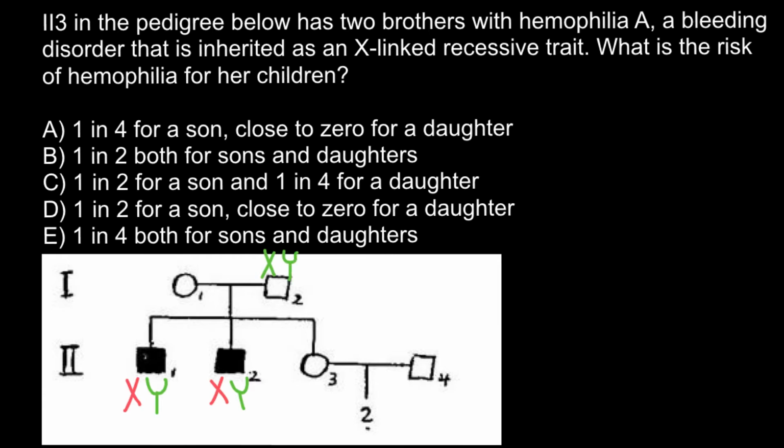But the mother has to be heterozygous, so she has to have one defective X chromosome and one normal X chromosome, because this is a recessive genetic disorder, an X-linked recessive trait. One normal dominant allele would be enough for this female to have a normal phenotype, but she has to be a carrier.